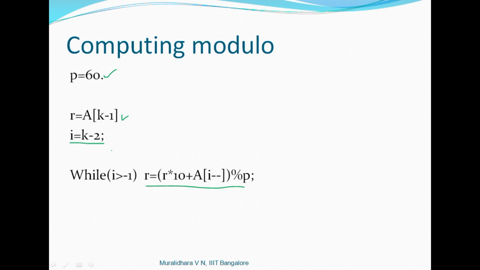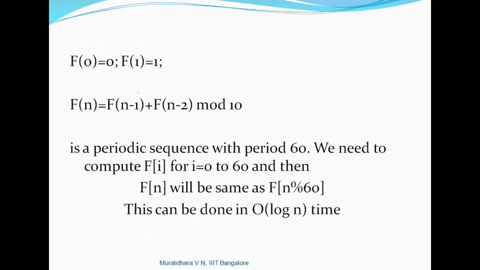So k in terms of n will be log of n. If I have to find f of n for a large n, this can be found in order log n time. First you find the period. To find the period modulo 60, you first compute the numbers in the sequence from 0 to 60. After that you find n mod 60.